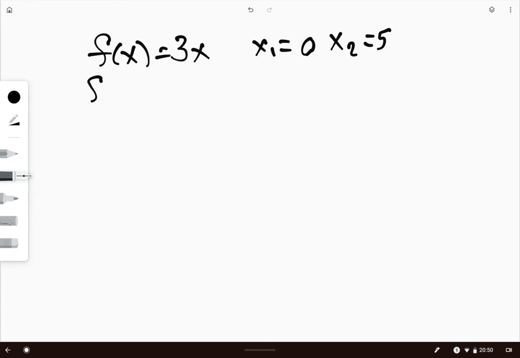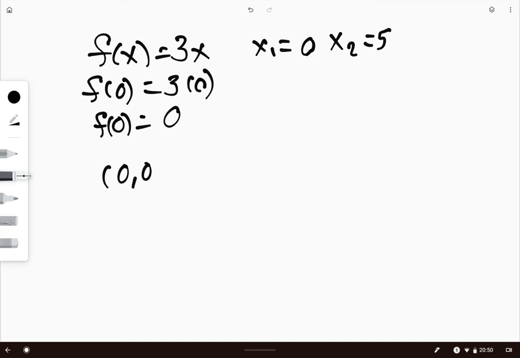So here we go. The f of 0 is going to be 3 times 0. So the f of 0 equals 0. So for my first one, my ordered pair is 0, 0. And here's my x1, and here's my y1.